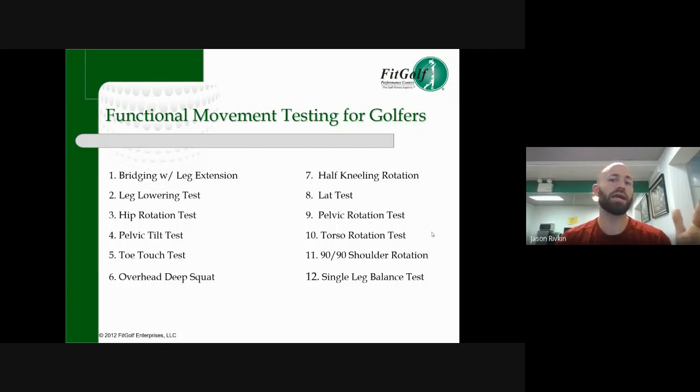So pretty much any goal that golfer has when it comes to performance goals, distance, consistency, we'd be able to take care of just by improving their functional movement. Now, if we're working with a golfer who is, let's say, a 22 golf index or golf handicap, and they do pretty good with the functional movement testing, they're let's say a 6 fitness handicap, then while there's certain things that we could help that golfer with, our primary advice to that person is to go see people like yourselves to take more lessons, right?